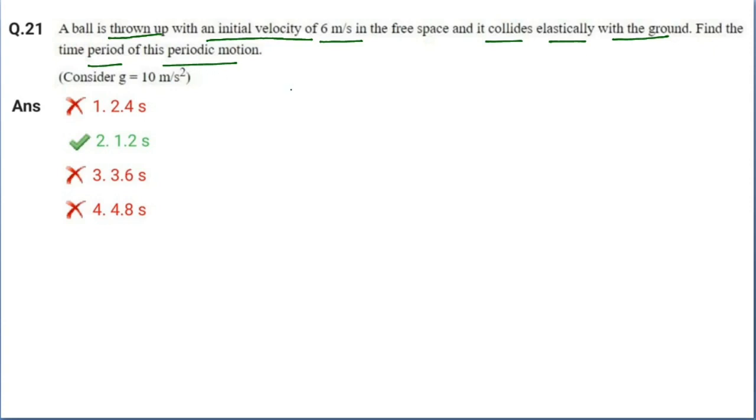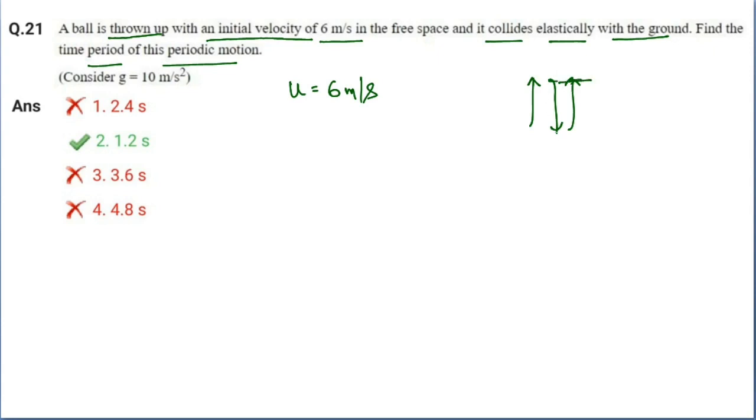Initial velocity u is given as 6 meters per second. The ball is thrown up in the free space and it collides elastically. If the ball goes up, then automatically it will come down and again go up. Elastically means the height from which it comes, it will again go up to that height.